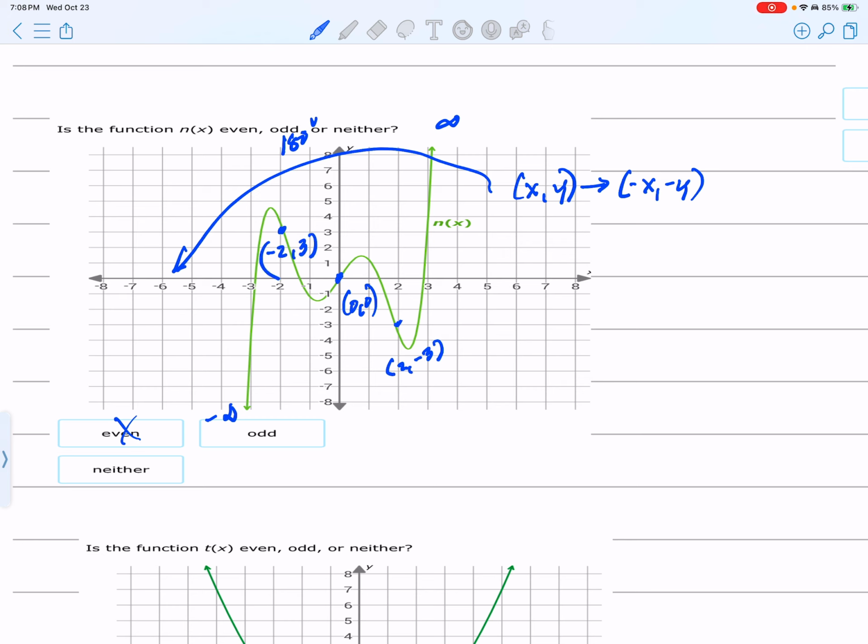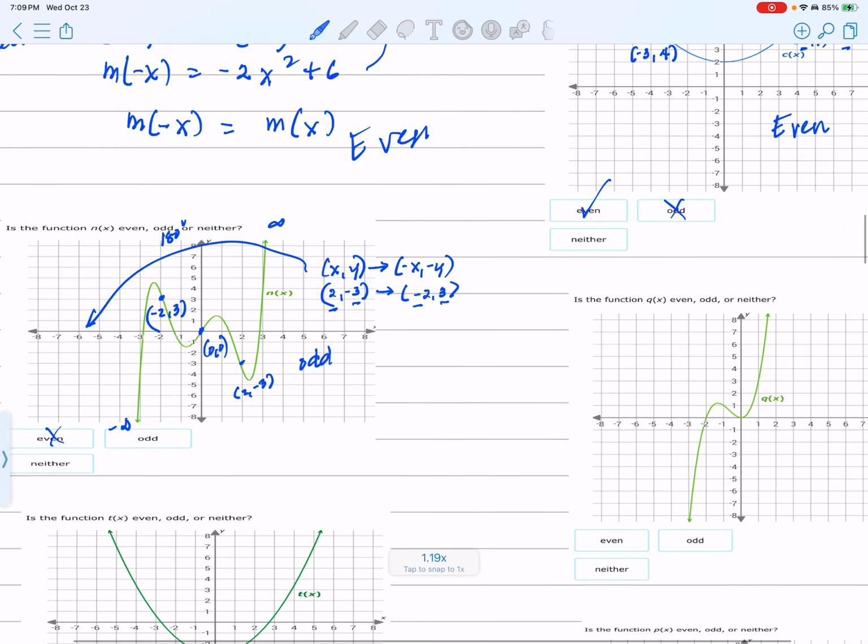So the point that I have is 2, negative 3. Try to check. It maps to negative 2, 3. 2 is the opposite of negative 2. Negative 3 is the opposite of 3. That means this is odd. All right? Odd.